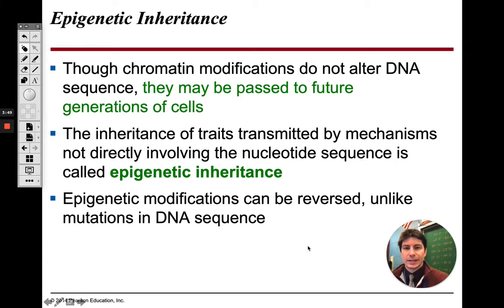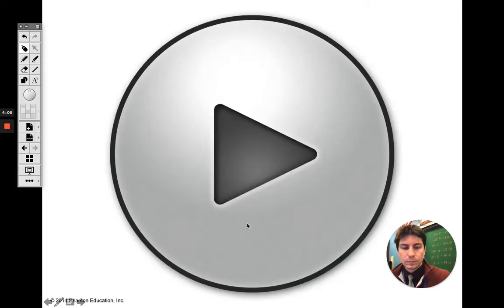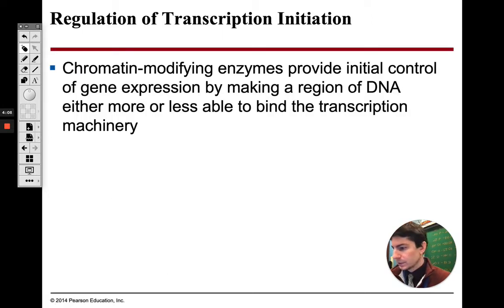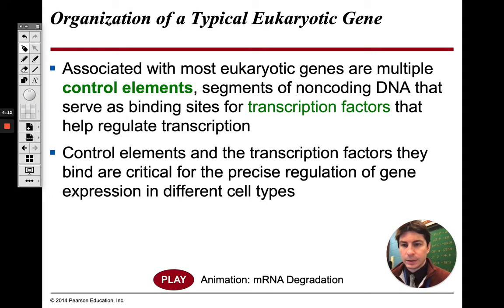That mutation is going to carry on through cell division after cell division. It's going to be in every single one of our cells. But the changes in chromatin, we can pass that on, and we can also change it from cell to cell, which is kind of nice. All right, so there's the video on it. I told you guys I'll post it for you on Canvas. All right, we're good here. We talked about that one.